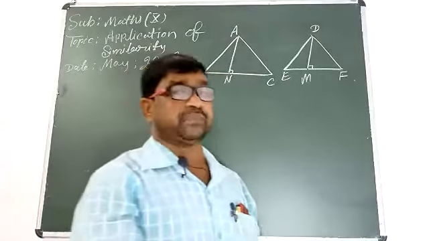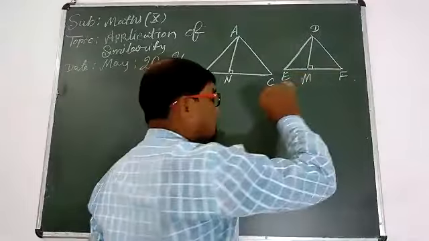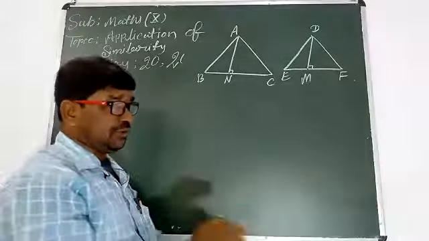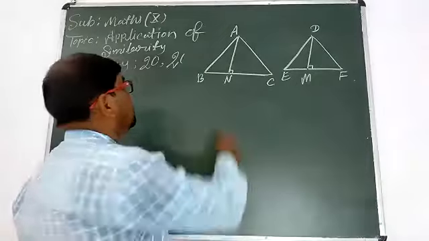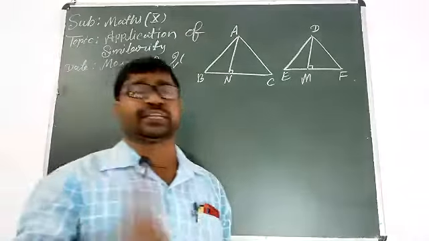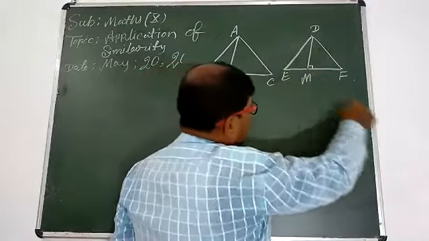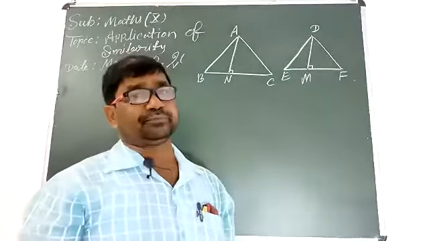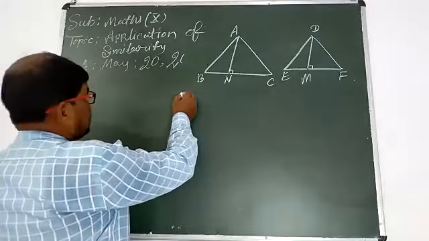That is the main statement. Triangle ABC and triangle DEF are equiangular. AN is perpendicular to BC, which means AN is the altitude. Similarly, DM is perpendicular to EF, which means DM is the altitude. Understood? Okay. Now, start the given statement.